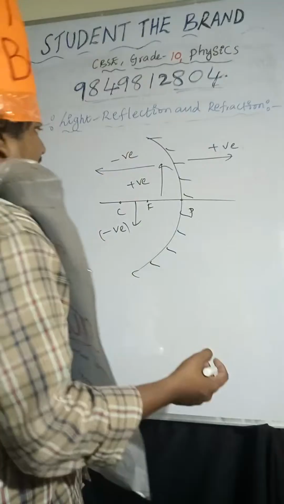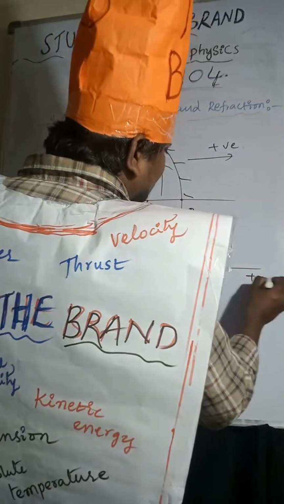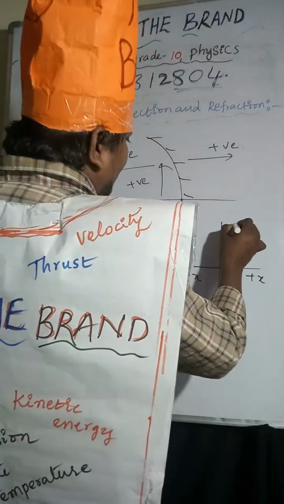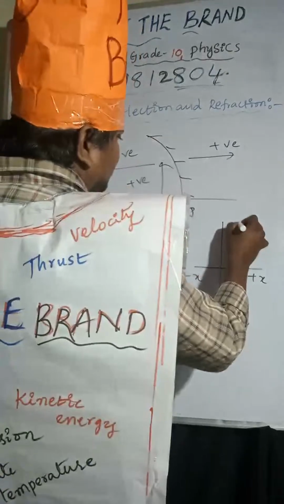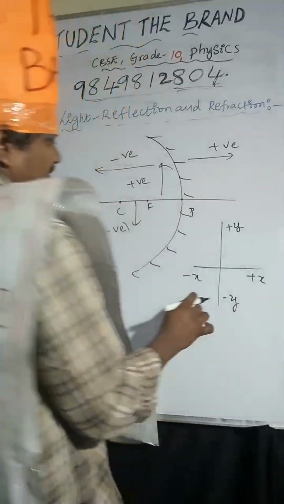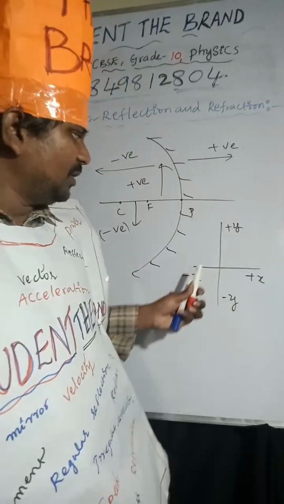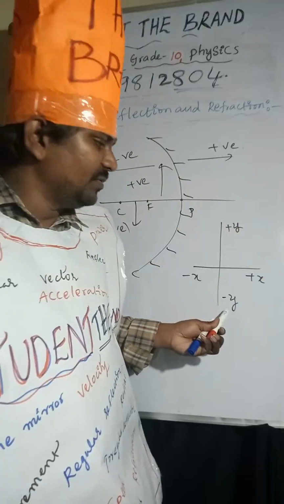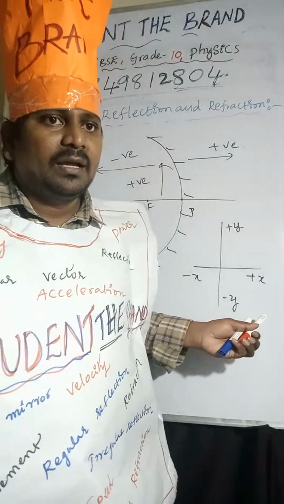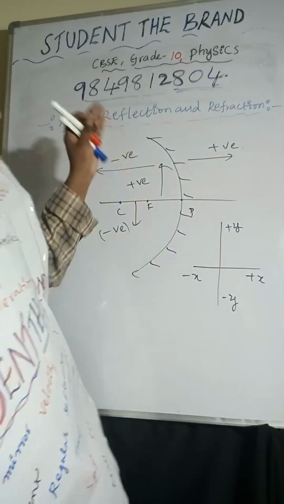Like a coordinate axis: positive x-axis, negative x-axis, positive y-axis, negative y-axis. Same thing here also you can take.